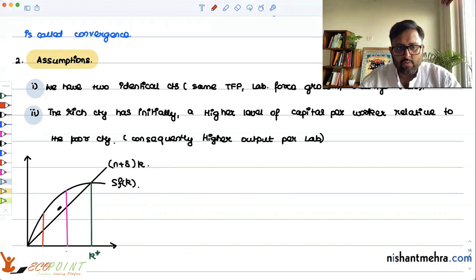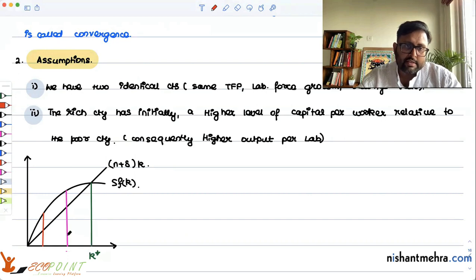Now, if you just have a look at it, both of them are going to converge towards k star. The growth rate which the rich country requires to reach k star is lesser as compared to the growth rate which the poor country would require to reach k star.